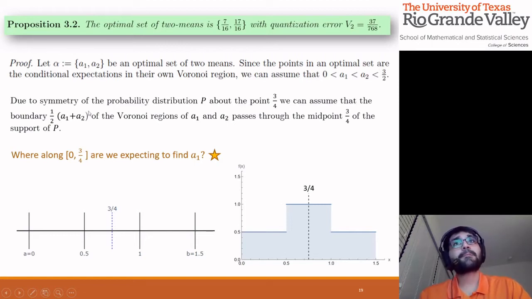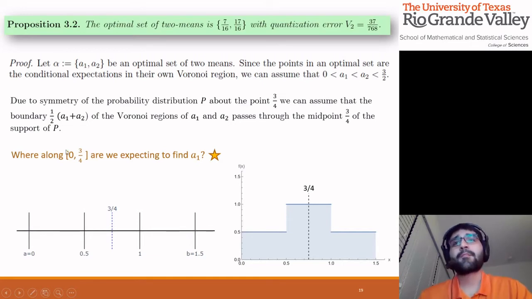Due to symmetry of the probability distribution P about the point 3/4, we can assume that the boundary, and this is important, the boundary of the Voronoi region of A1 and A2 passes through the midpoint 3/4 of the support of P. Okay, so we are in the case for two means. We don't expect to see a quantizer at 3/4.